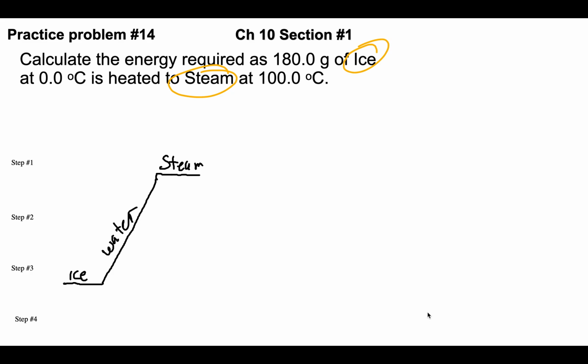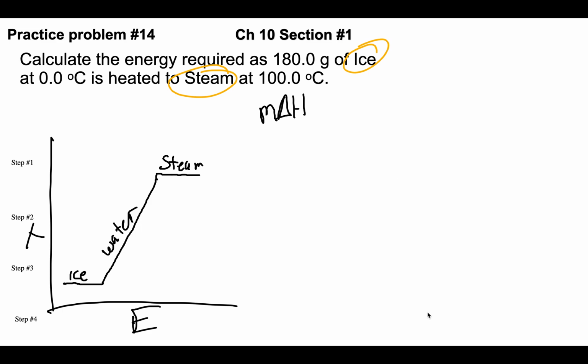Now, if you've been following along, you can see that here's your temperature scale, temperature over here, and energy here. This is all covered in the previous slide. Hopefully you were paying attention. But the flat area, we're going to use our m delta H because there's no temperature change. We're just simply melting ice.